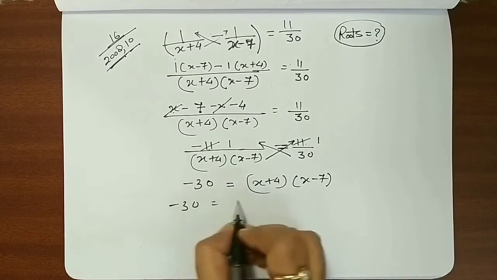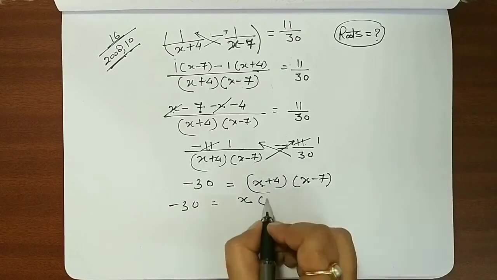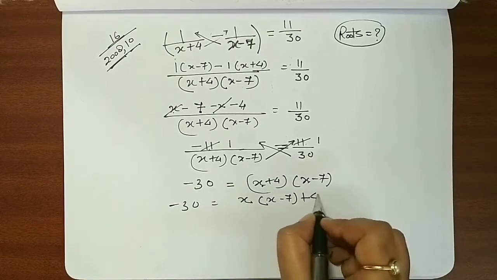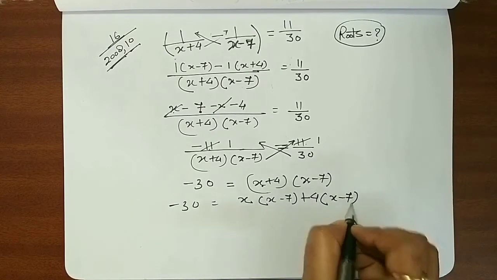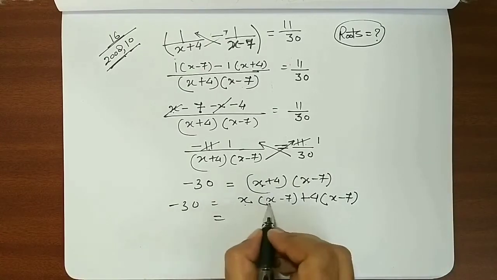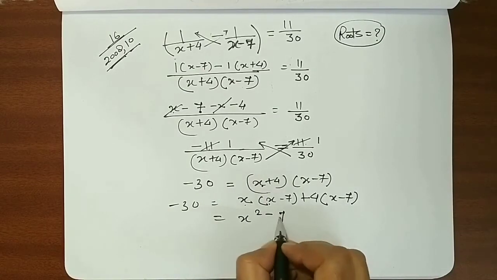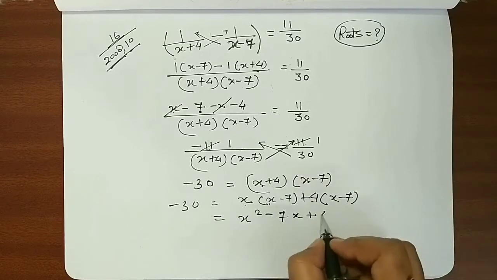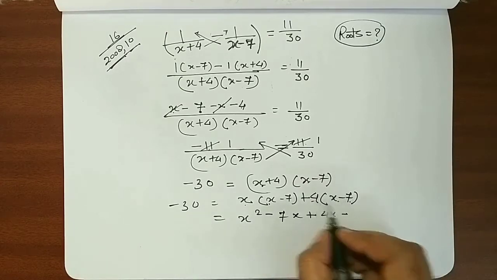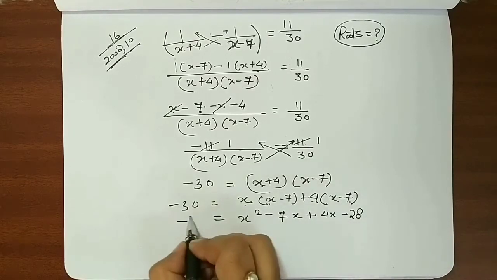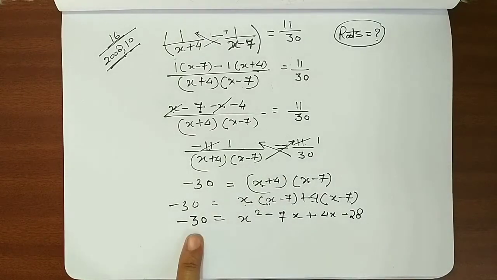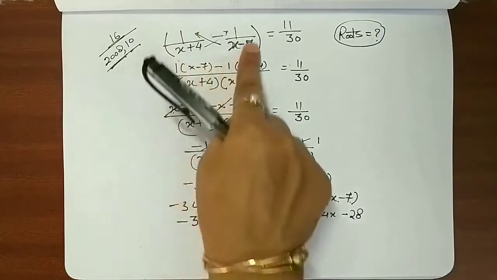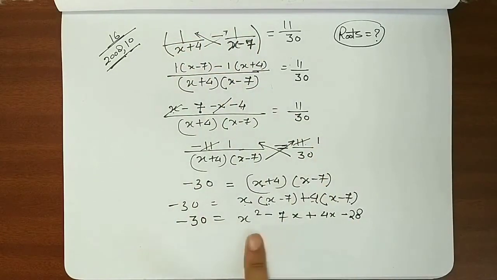So it is x into x minus 7 plus 4 into x minus 7. So it is x into x is x square, minus 7x plus 4x, minus 7 fours are 28, and here is minus 30.